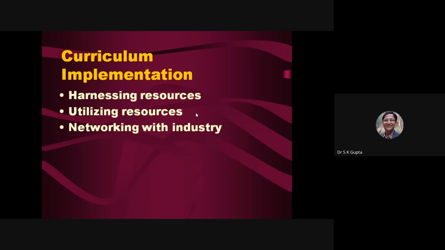How to have those resources phase-wise, or you have to collaborate with the industry, or you have to have some network with the industry, or you may be having some resources in other sister concerns. Can you utilize those resources? So, optimum utilization of resources.